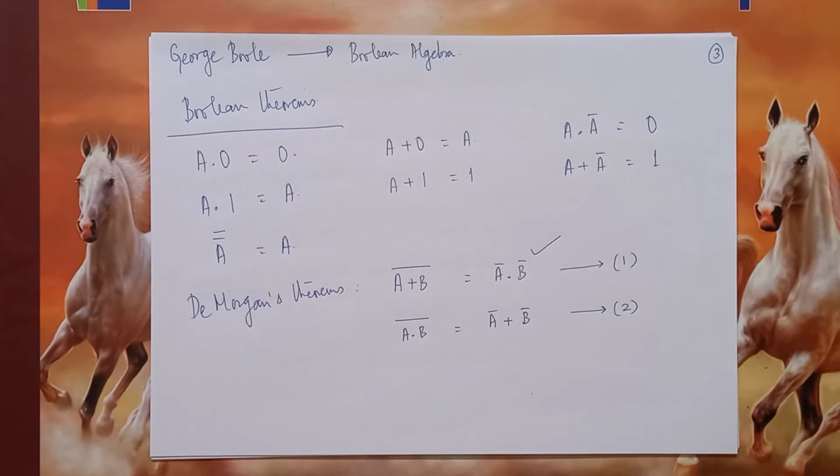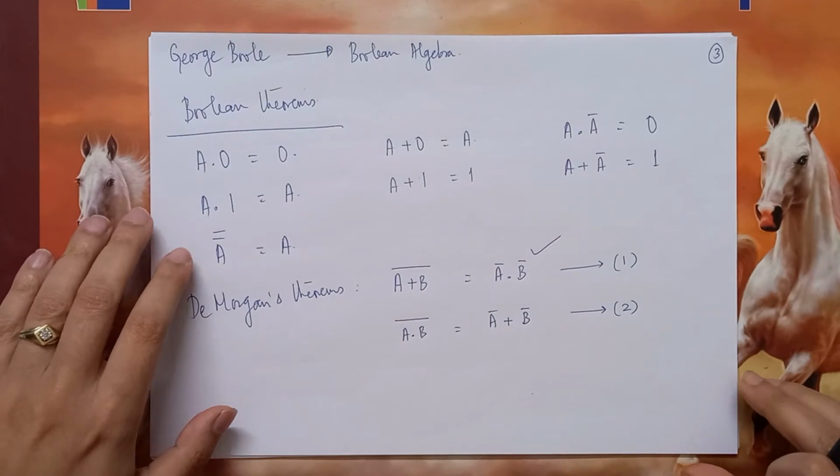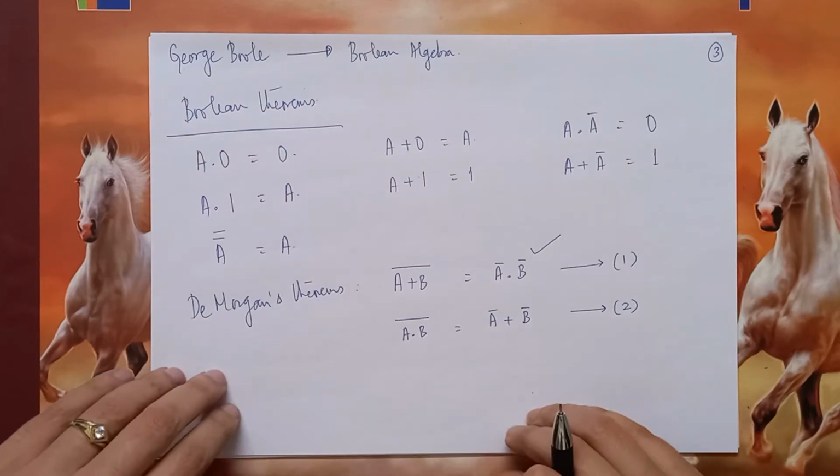Now, these are some of the basic Boolean theorems and De Morgan's theorems which form the basis of Boolean algebra. There are some other properties also. Let us take a look at them.